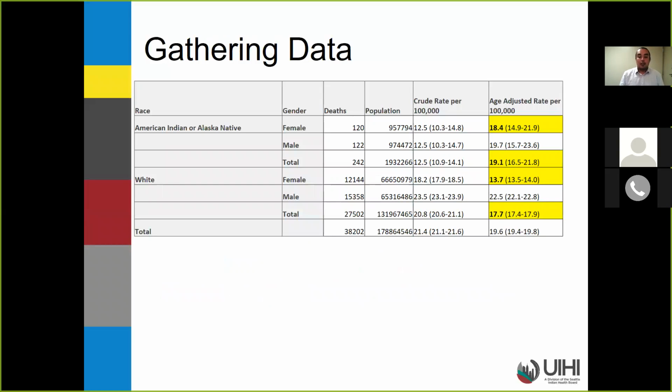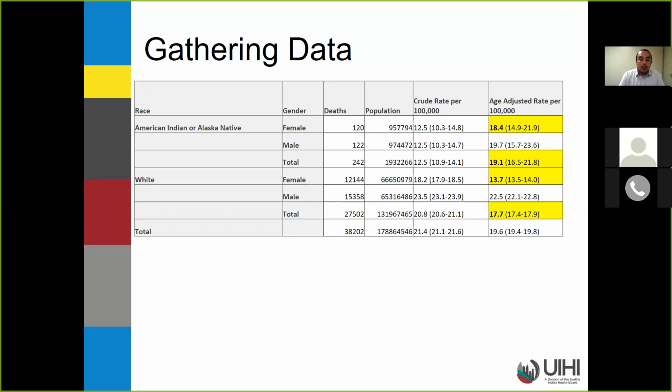All right, so we're going to move into our first data output. This is from the CDC WONDER system, and it was an analysis that we did for a 5-year period, from 2011 to 2015, on the rate of diabetes death in urban American Indian and Alaska Native populations across the US.